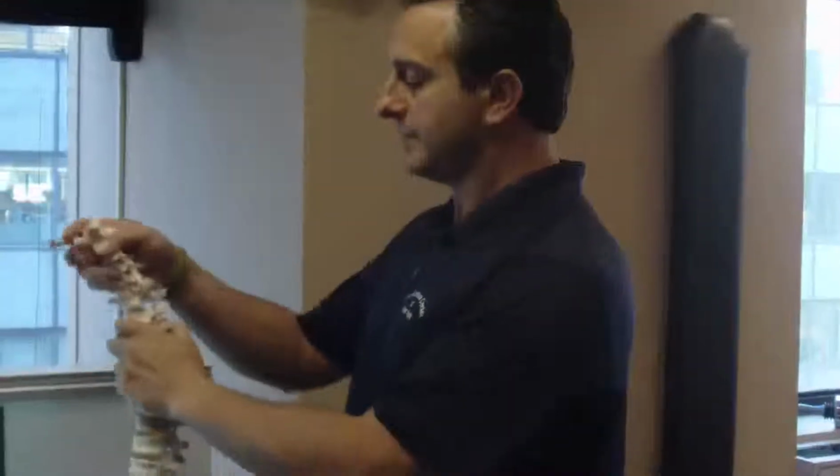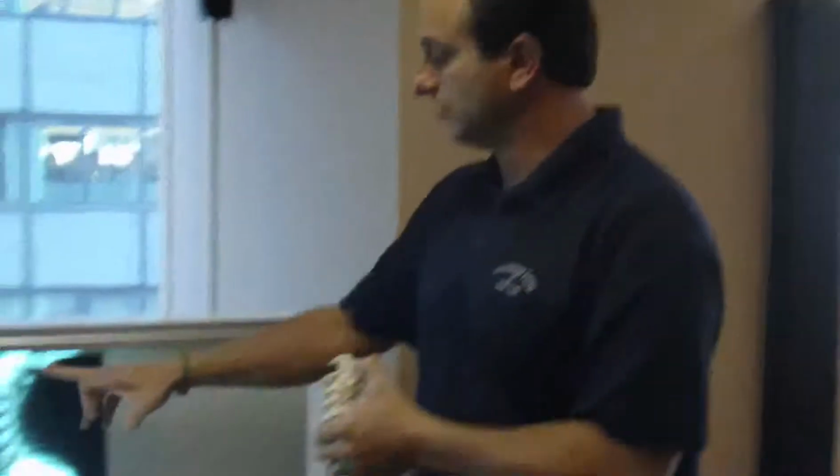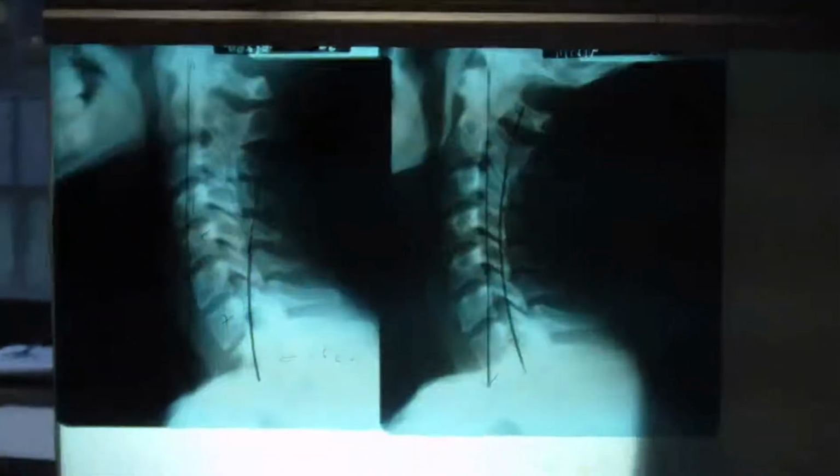Now, this is what the model should look like, or on a normal x-ray, this is one of our before and afters. On a normal cervical curve, it should be back here with the spaces between each bone wide open. Now, when the head goes forward, that is a pre-arthritic condition because gravity is going to push down on that.